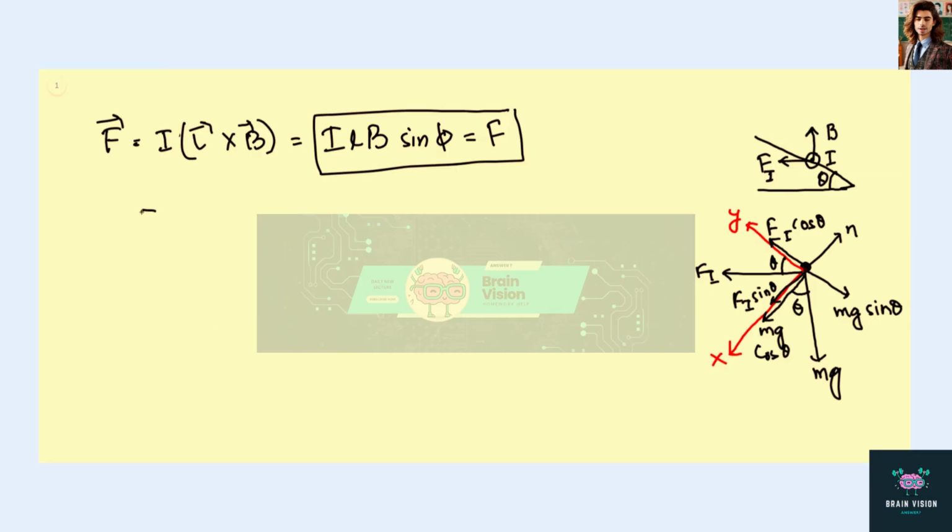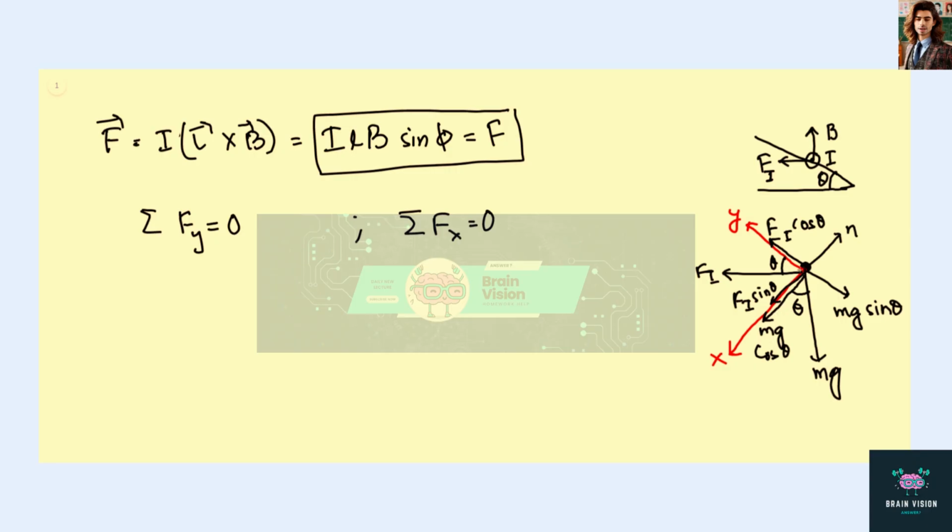And since the net force on the wire is zero, for the wire to be at rest, we should have the summation of Fy equal to 0. We should also have the summation of Fx equal to 0, but as you can see, Fx consists of all the forces along the positive x direction.